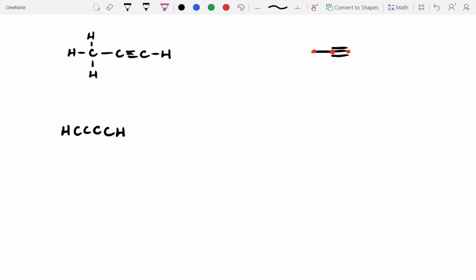You guys want a hint with this one? All right, let's take a look at this first carbon right there. We know it's bonded to that hydrogen and another carbon. So it's got steric number of 2, which means it's what hybridization? sp, which means that carbon-carbon bond's probably what? Triple. Probably a triple bond, right? So that can get you started. We know that first carbon-carbon bond's likely triple.